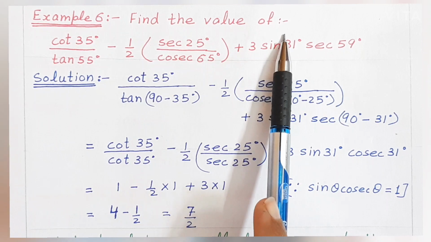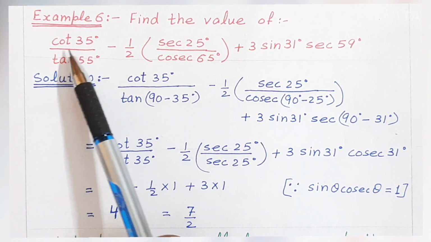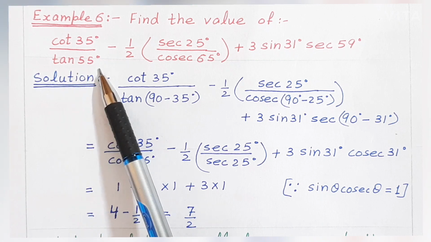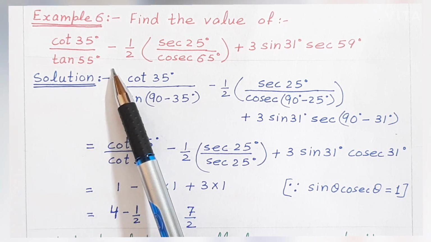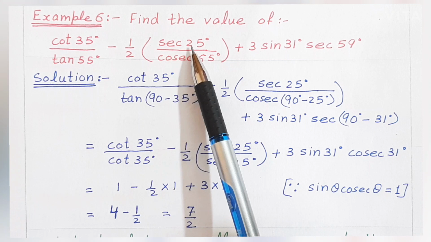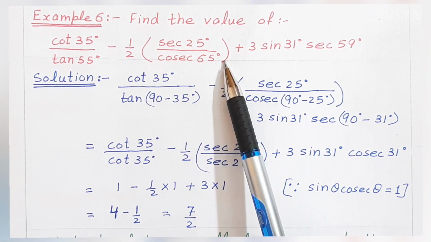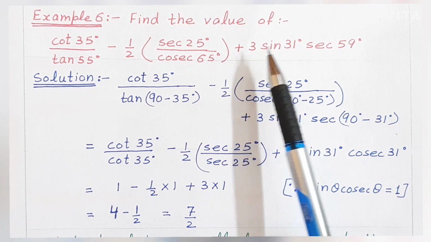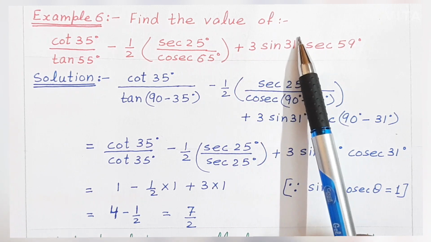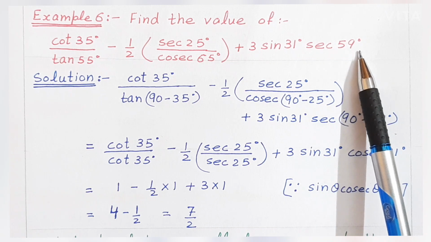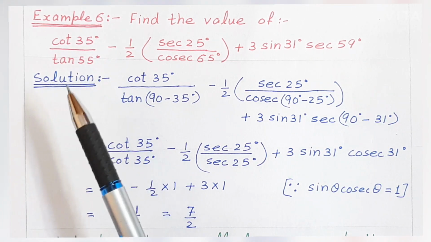Find the value of cot 35 degree upon tangent 55 degree minus half secant 25 degree upon cosecant 65 degree plus 3 sin 31 degree secant 59 degree. Now see the first part.